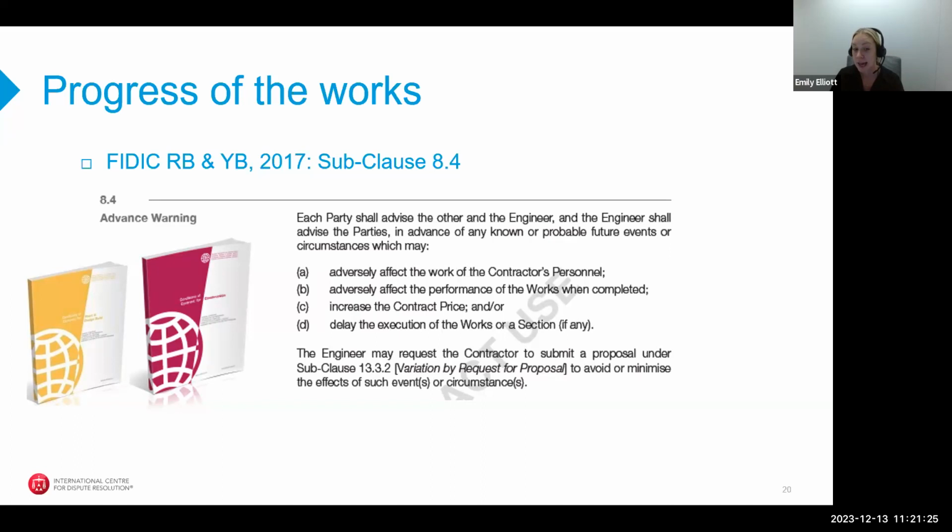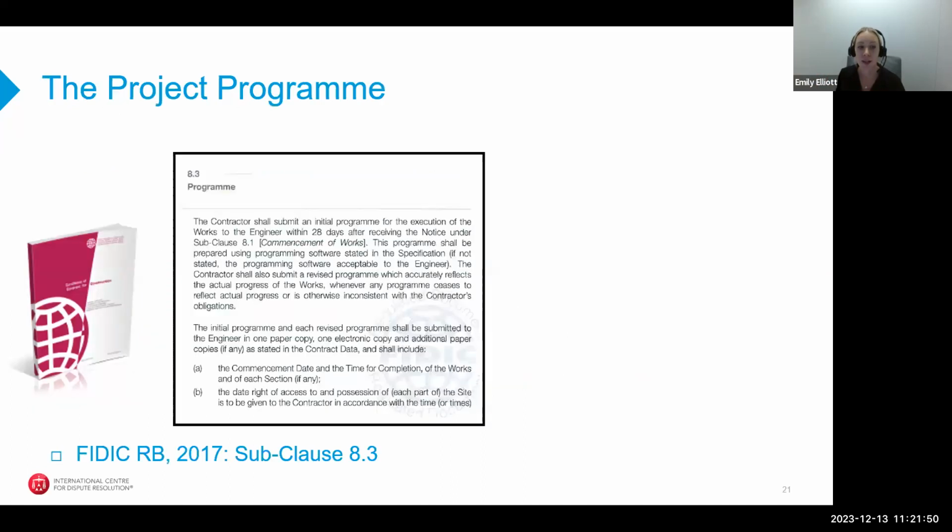For example, can this piece of equipment be swapped for another type of equipment? Or can it be supplied from elsewhere? Or can the work be resequenced in such a way that it won't have such an impact on the works, and resources can be diverted elsewhere until that material arrives, etc. So this is just one type of scenario that may cover, but of course there are many, many other scenarios. Next slide, please.